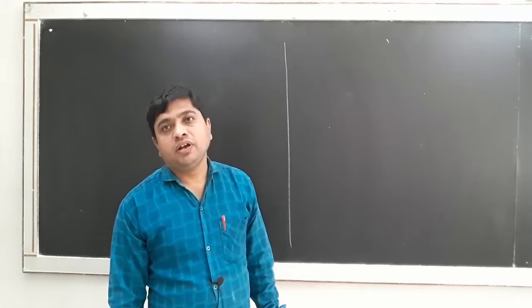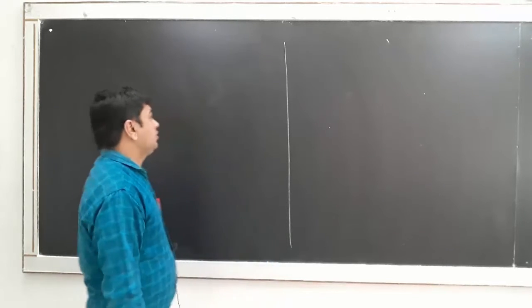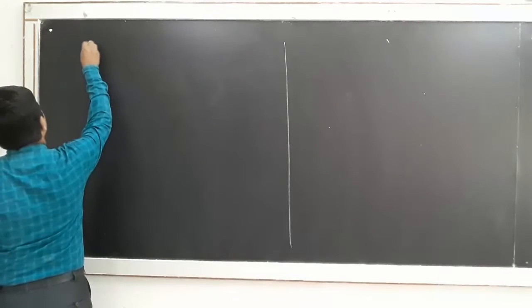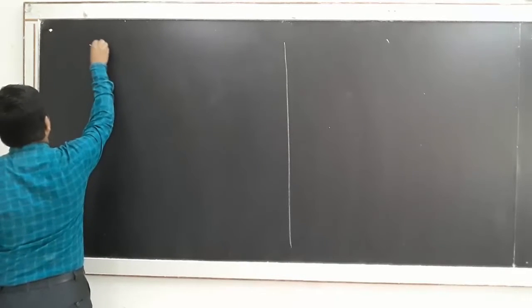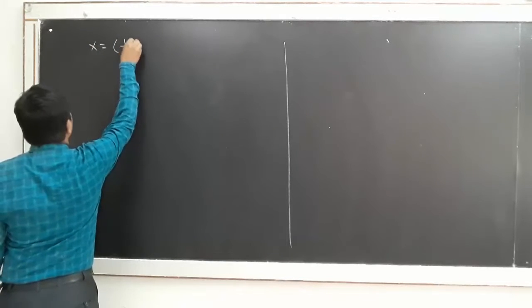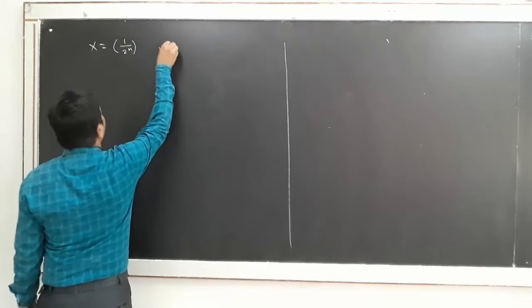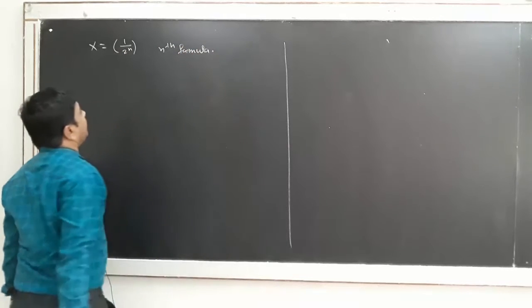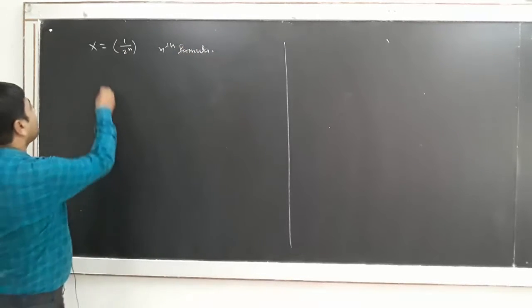by giving some nth formula. That means suppose we have given the sequence, suppose xn is equal to 1 upon 2 raised to n. So this is the nth formula for the sequence. So how do we write this sequence?